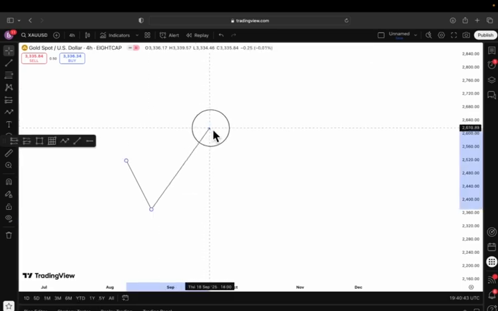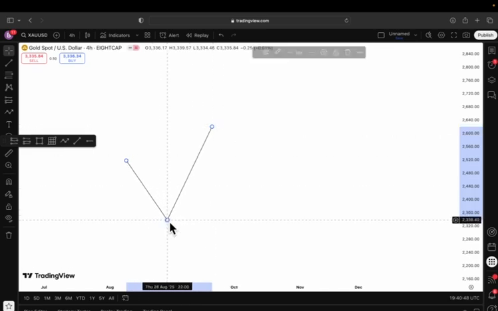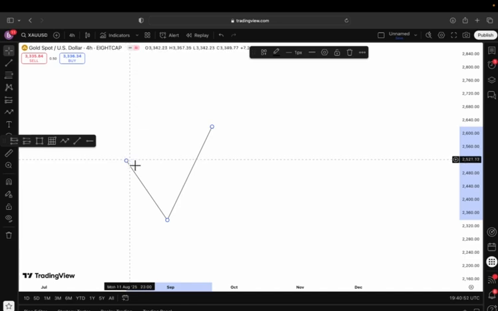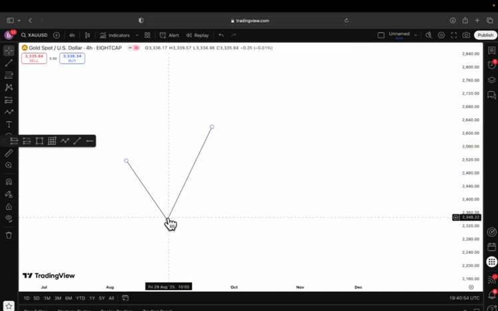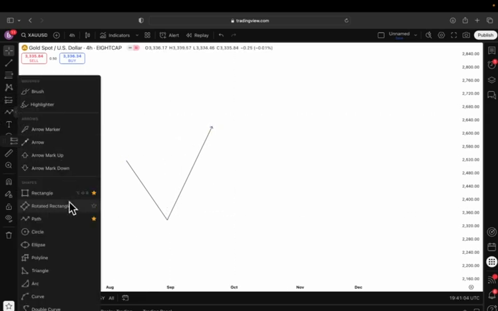So premium is like selling high, discount is like buying low. Just as this structure is now, it is said that this low is the discount and we have to buy from this point.